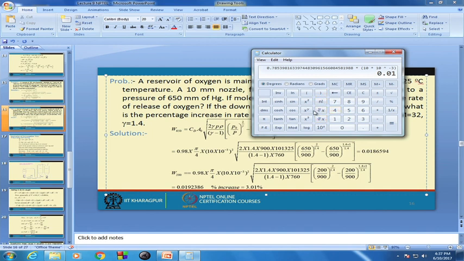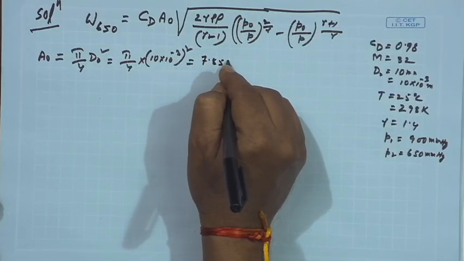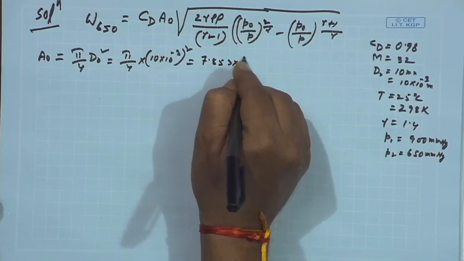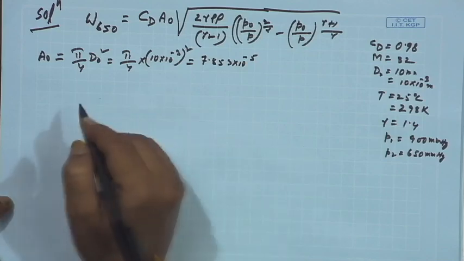So, this square, right. So, that means this 7.85 into 10 to the power minus 5. Right.